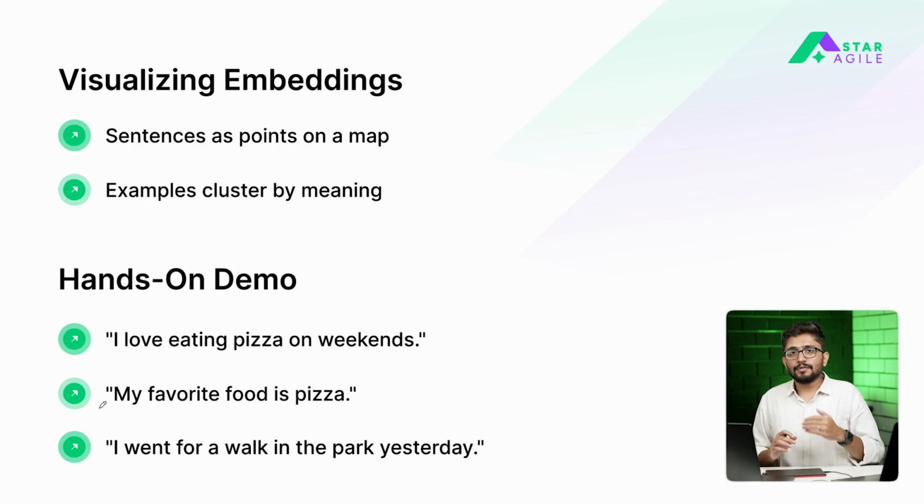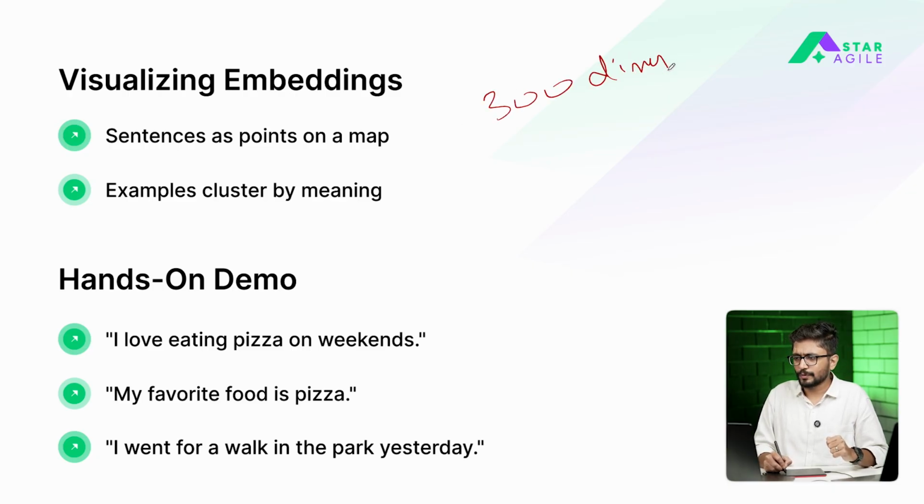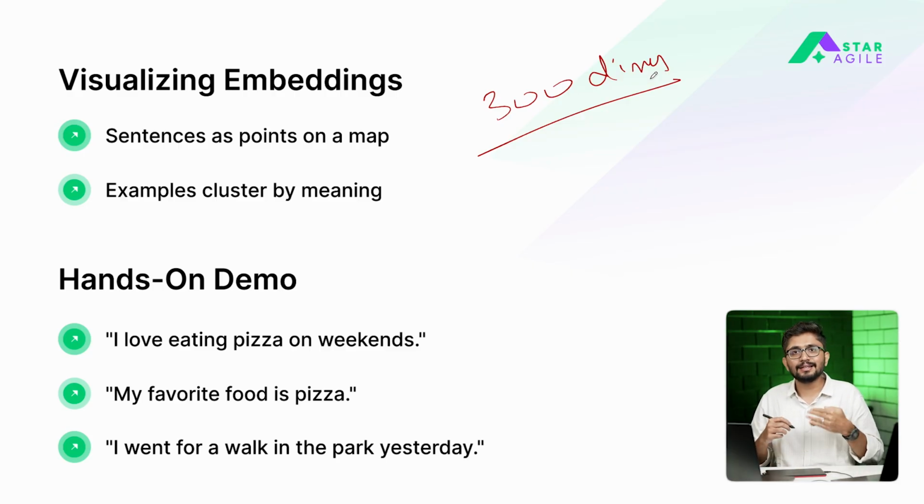In this demo, we are also going to see how you can visualize embeddings. Because imagine you have an embedding vector of 300 dimensions. As a human being, you can only visualize things in 3 dimensions, not more than that. So how do you take a 300 dimensional vector and visualize it in a 2-dimensional or 3-dimensional space?